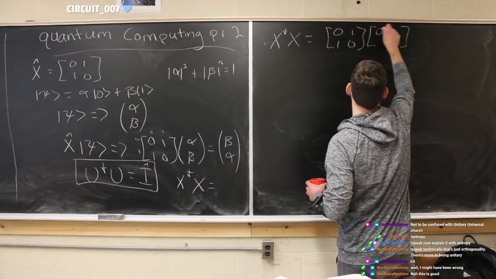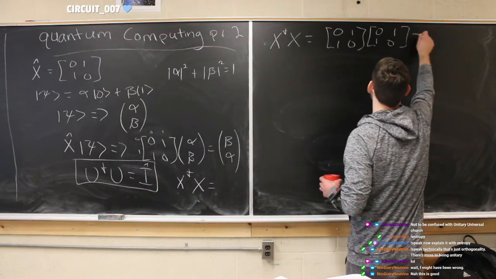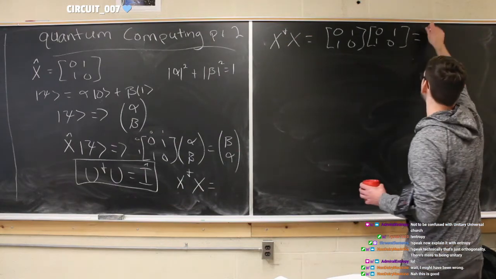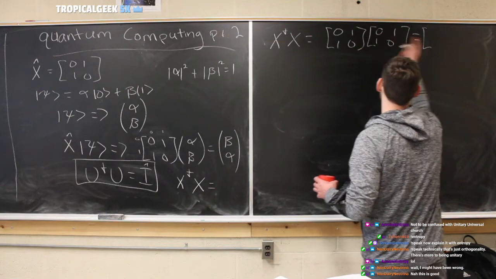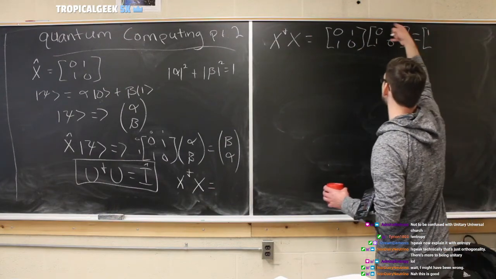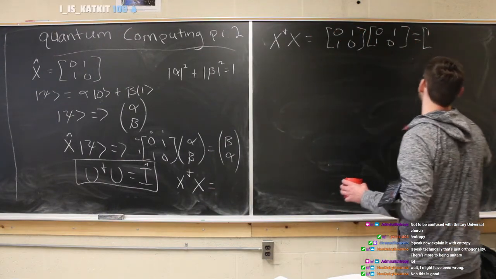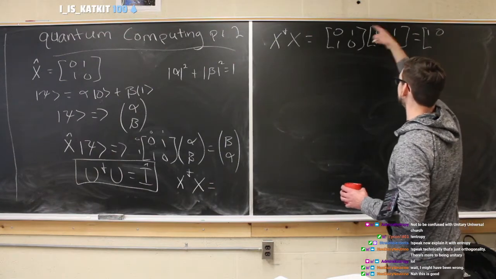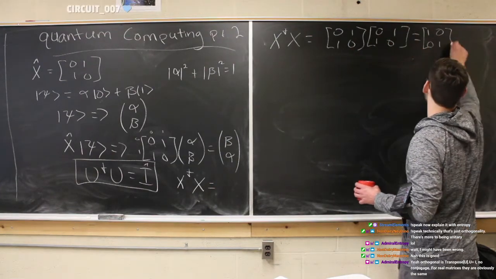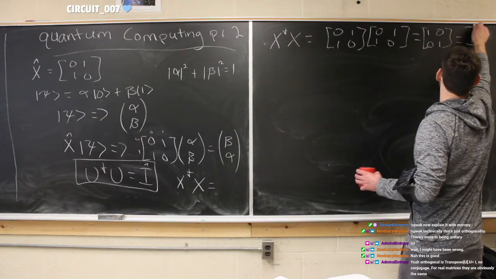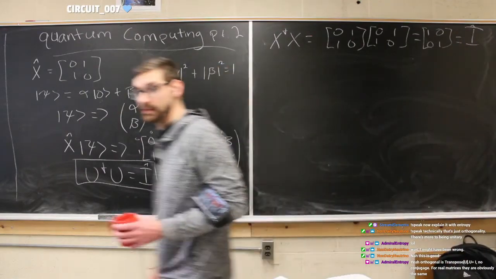And then it's just the same thing. Let's do this calculation really quick. 0, 1 times the top, so we'll get 0 and 1. Add those together, you get 1. Do this, you get 1 times 0 and 1 times 0, which is 0, 0. And then you do this down here, you get 0, 0. Do this here, you get 1. And we get the identity matrix. So that works.